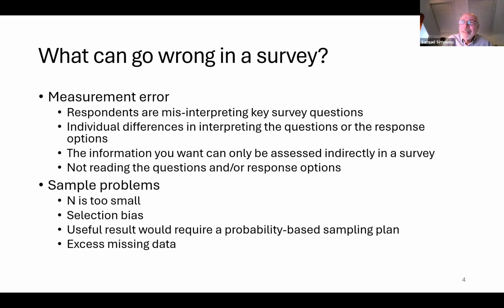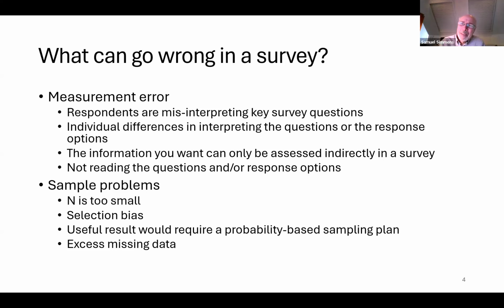Then sampling problems: sample size too small, and selection bias is very common in surveys. Sometimes we would like to answer a question about a population that requires a degree of precision that can only be achieved using what's called a probability-based sampling plan.